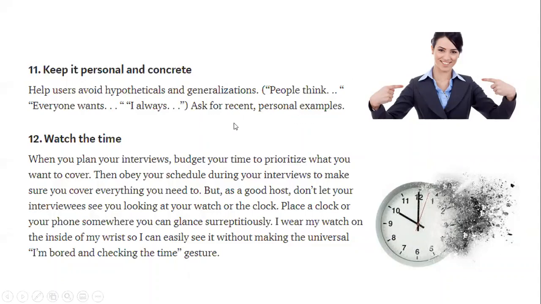So how would you use this? What do you think about this? What is this? Why is this important for you? So keep it personal. When talking about the time, like in the watch, make sure that you are not having an extremely long interview and conversation, because people get tired and bored.